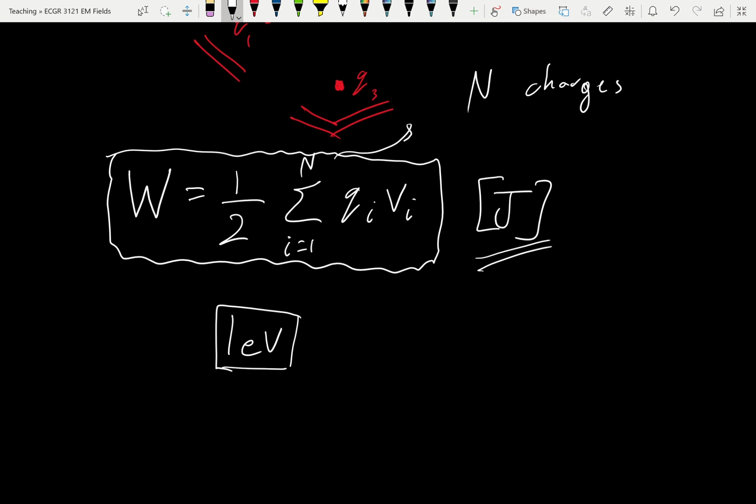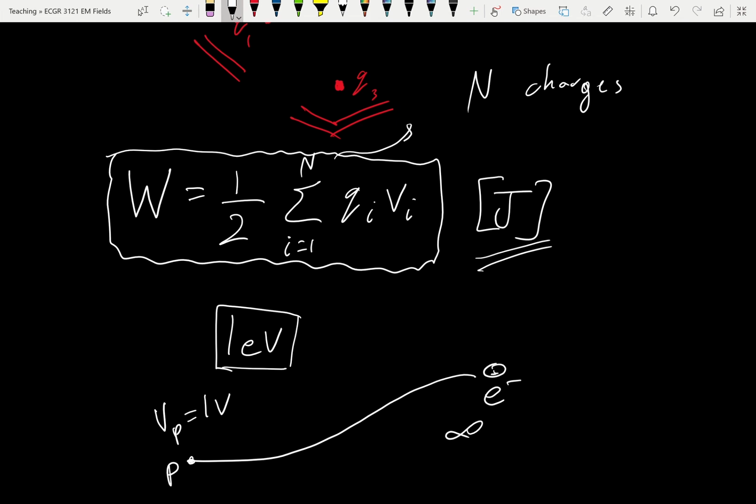Essentially, 1 electron volt is the energy needed to move an electron, the thing that spins around the nucleus in a hydrogen atom, from infinity to a point where the voltage equals 1 volt.